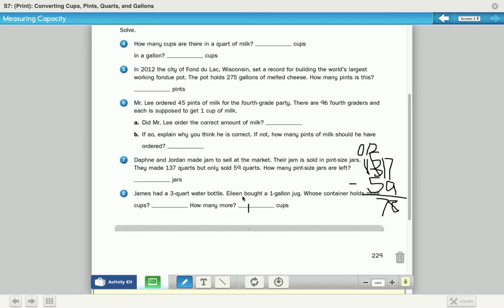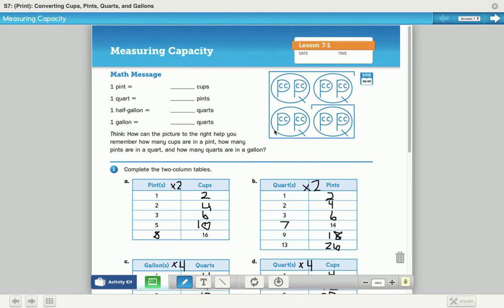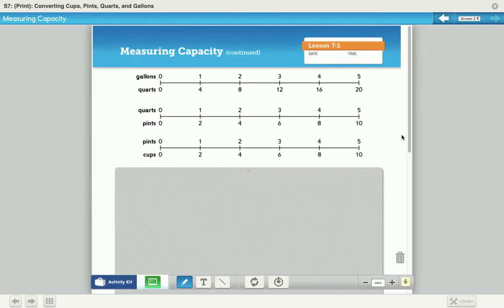So Eileen has the larger container. And how many more cups does she have is what we want to know. So if she's got a whole gallon, then he had 3 quarts. He had 1, 2, 3. So she's got 1 extra quart. And how many cups are in that quart? 1, 2, 3, 4. So our answer would be 4.